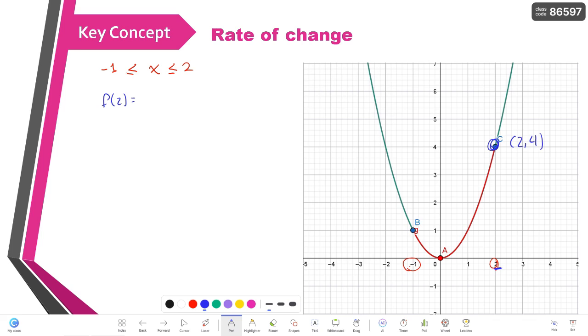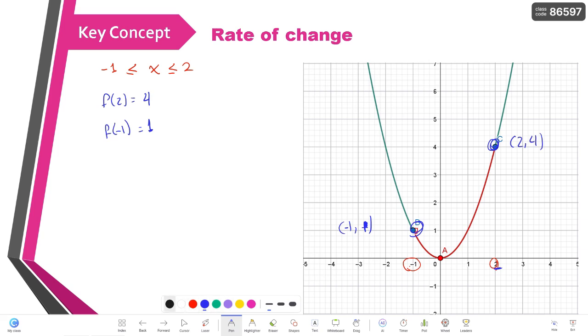This point says that when we use 2 in the function, the output is 4. So f of 2 is 4. For f of -1, this would be at point B, which is (-1, 1). This point says that if we use -1 in this function, the output would be 1.